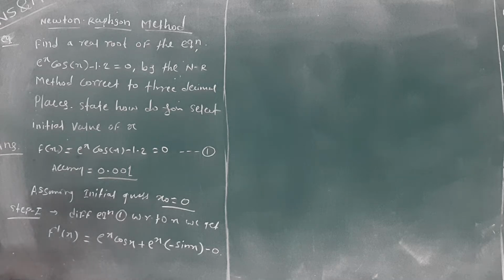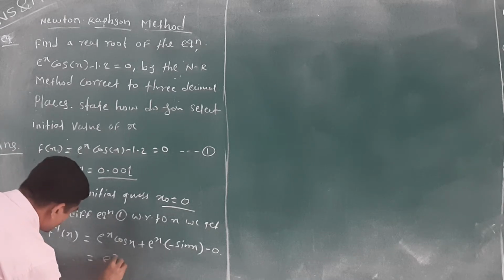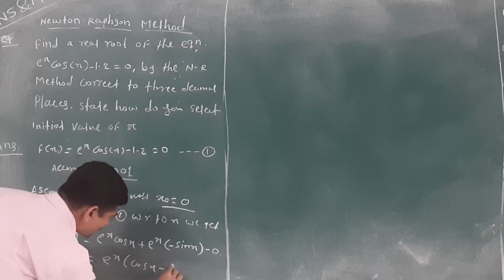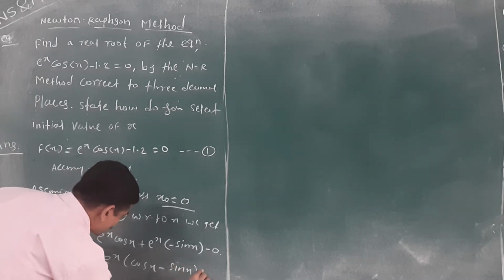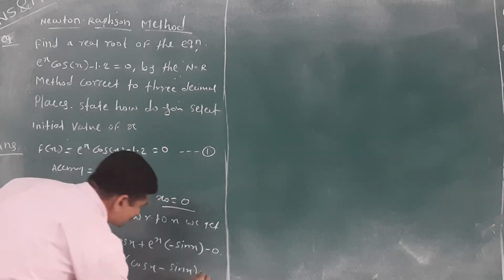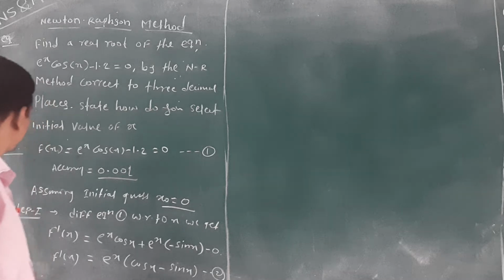If you solve this, I will take e^x common: e^x (cos x - sin x). This is f'(x), I will write equation number 2. All of you getting?